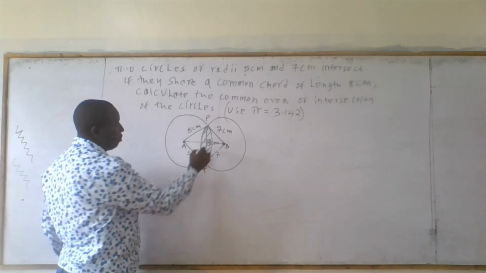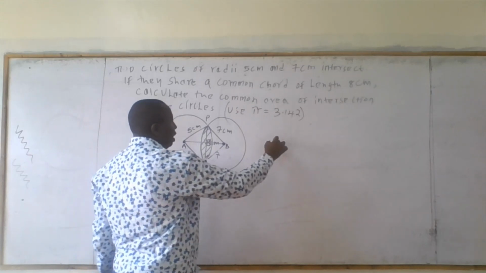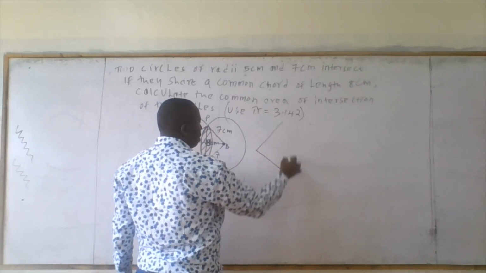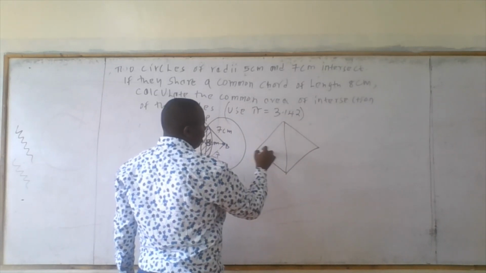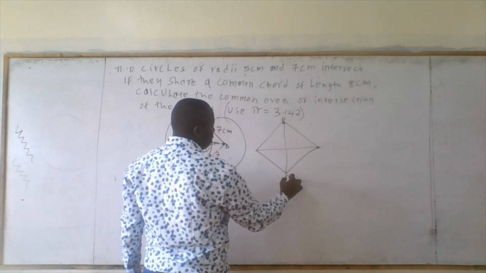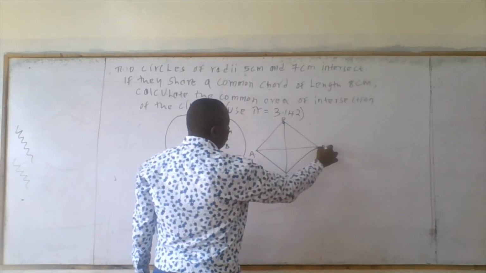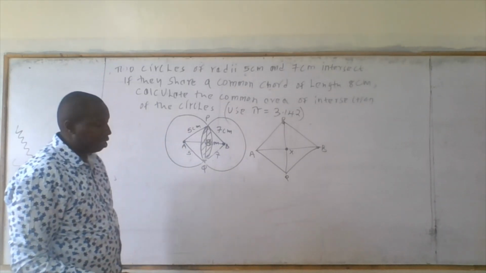So let's say the point of intersection is X. We can have something that looks like this: that is the chord PQ, and this is AB, and it intersects at point X.